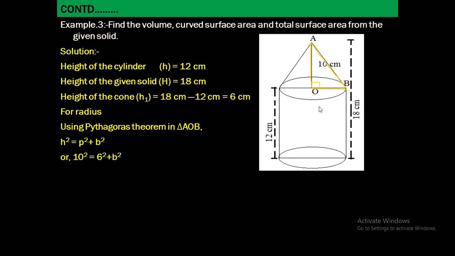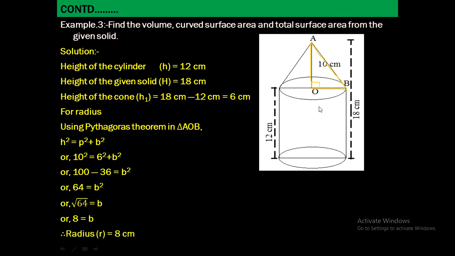And substitute value of contents. We got B square equals to 64, that is 8 cm. So radius equals to 8 cm.